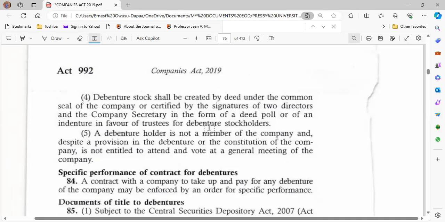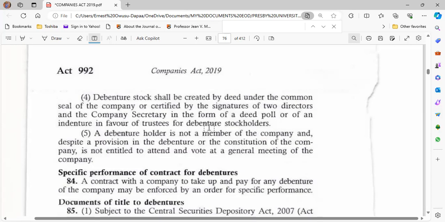And that is why I said that another way of mentioning a debenture is to say, if you like, the loan capital or debt capital, as it were. So shareholders, to use an ordinary man's language, they are the owners of the company. As I said, that is not the appropriate corporate law language. But just to give you the sense that shareholders have a permanent stake in the company.